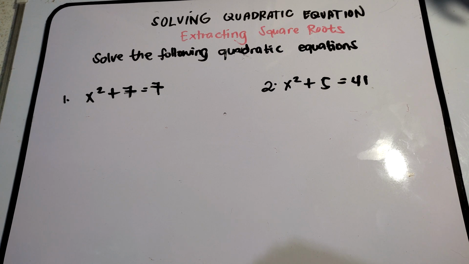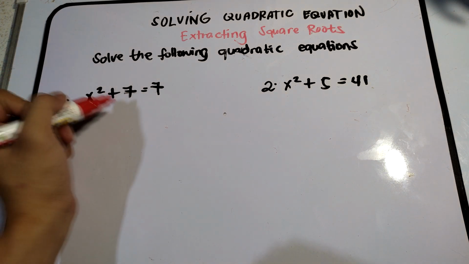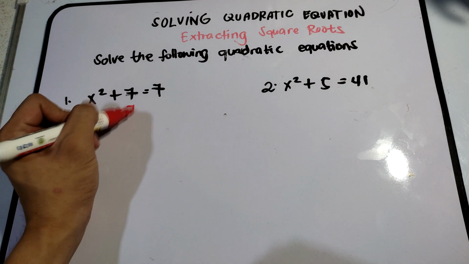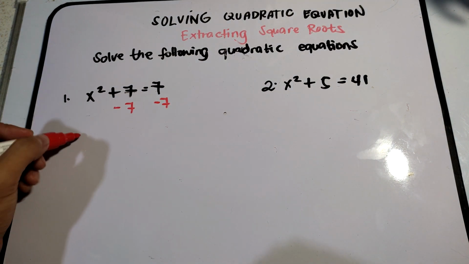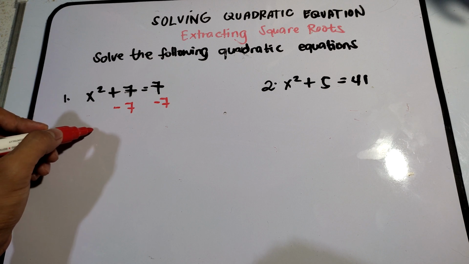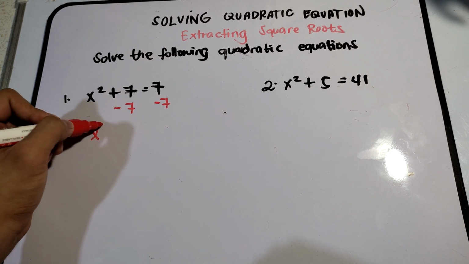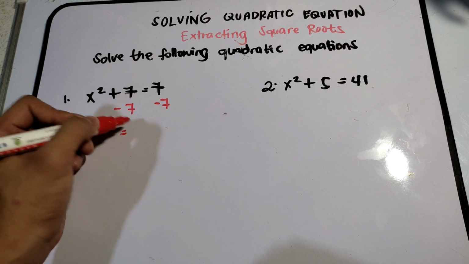We need to think on a way on how can we isolate the number with variable to the other side of the equation. So, here, we need to put negative 7 on both sides, and our answer would be x squared is equal to 0.